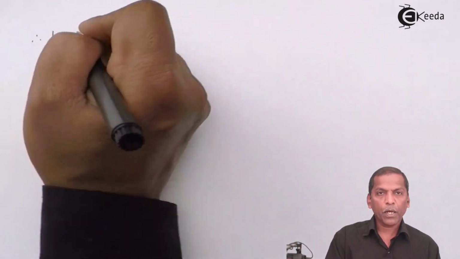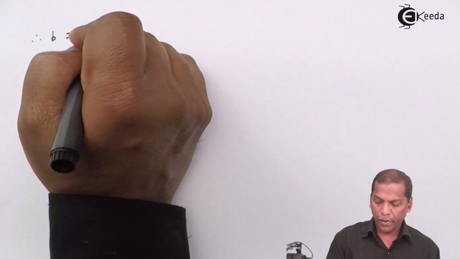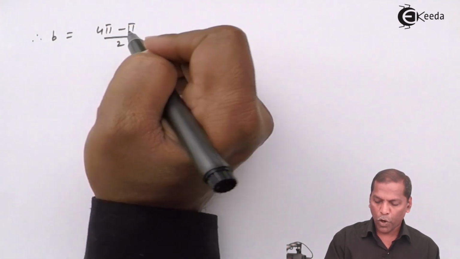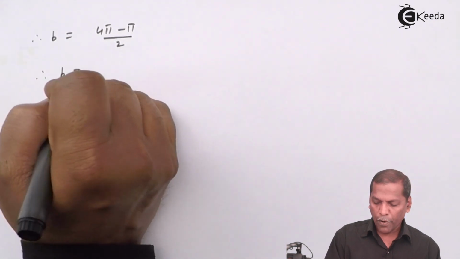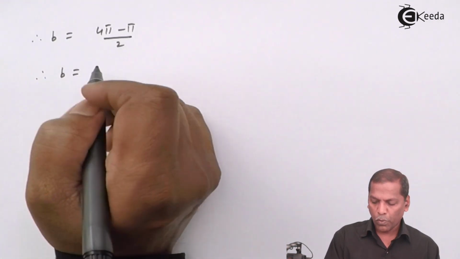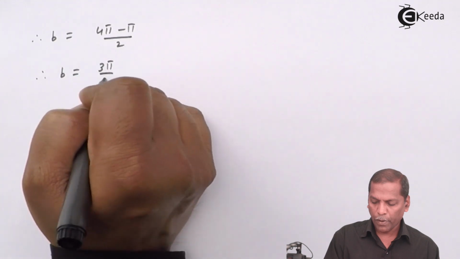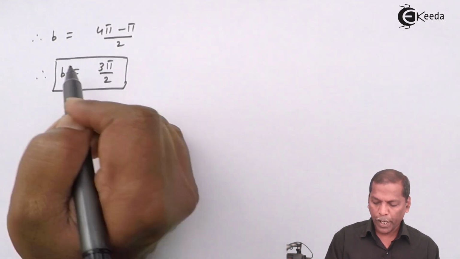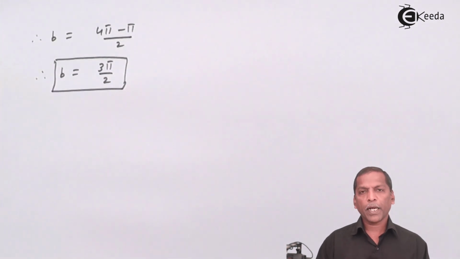So on cross multiplying, we get b is equal to 2 into 2 pi, that is 4 pi, minus pi upon 2, and therefore b is equal to 3 pi upon 2. So in this way we get the value of b, and that equals 3 pi upon 2.